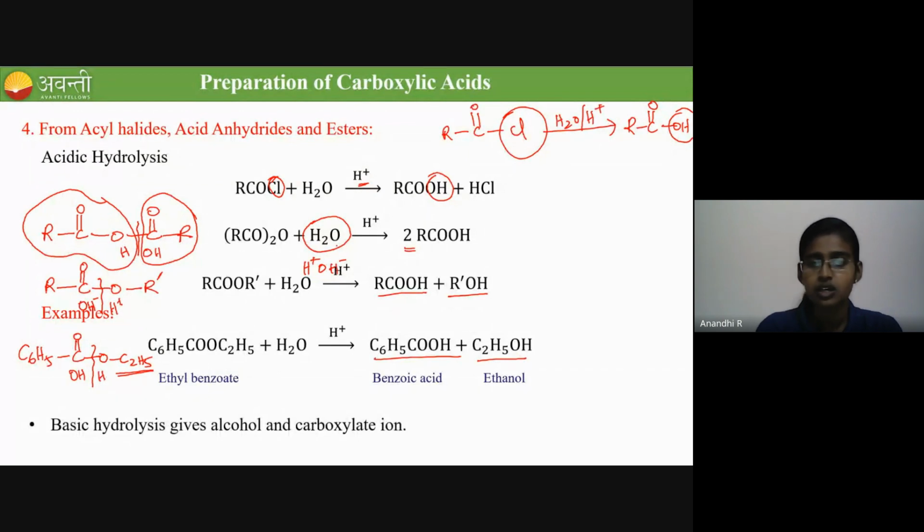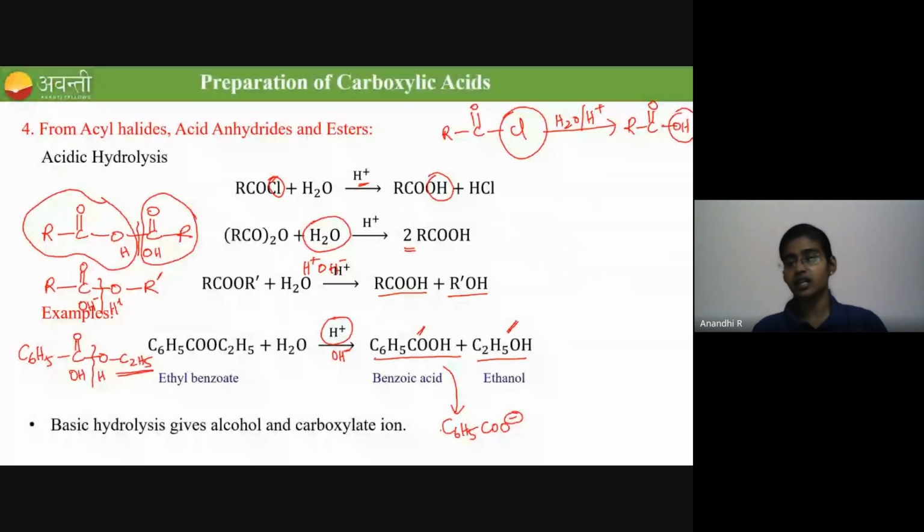Instead of using acid here, if we use a base, OH minus, we would arrive at an alcohol and a carboxylate ion. Instead of the carboxylic acid, we would get C6H5COO minus ion, which is called a carboxylate ion, if we are doing a base hydrolysis. The remaining things are the same.